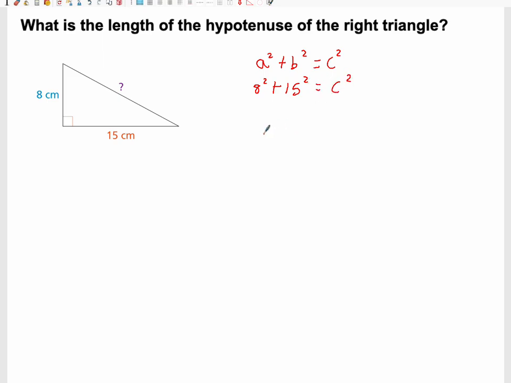We'll solve this in a couple of steps. It's not hard. What's 8 squared? 64. What's 15 squared? 225. And it's going to equal c squared. 64 plus 225 is 289.